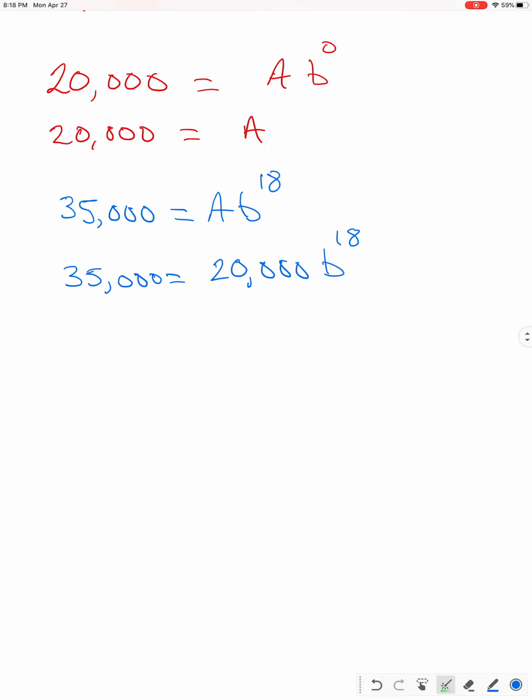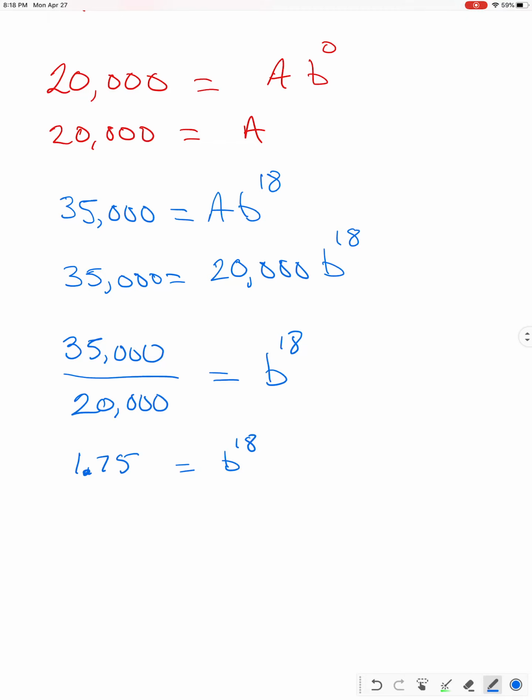So now I can solve this for b. 35,000 divided by 20,000 is equal to b raised to the 18. That simplifies to the same as 35 divided by 20, which is 1.75, equal to b raised to the 18.